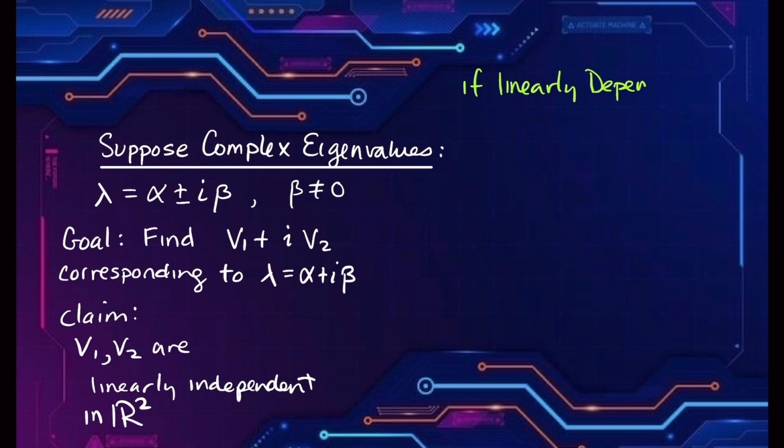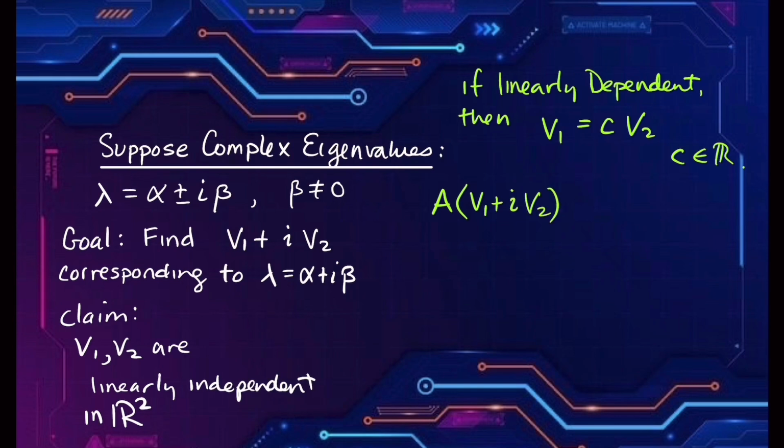Now, if the vectors were linearly dependent, v1 would be a multiple of v2. If we want them to be linearly independent, we can't have that happen.